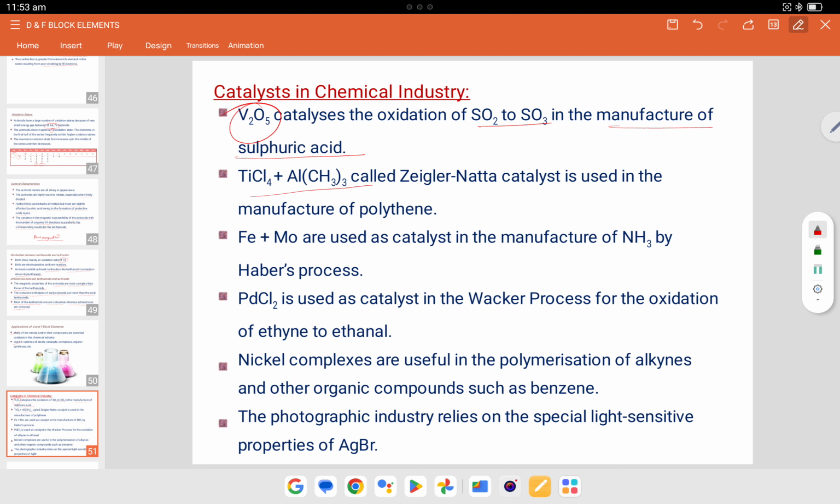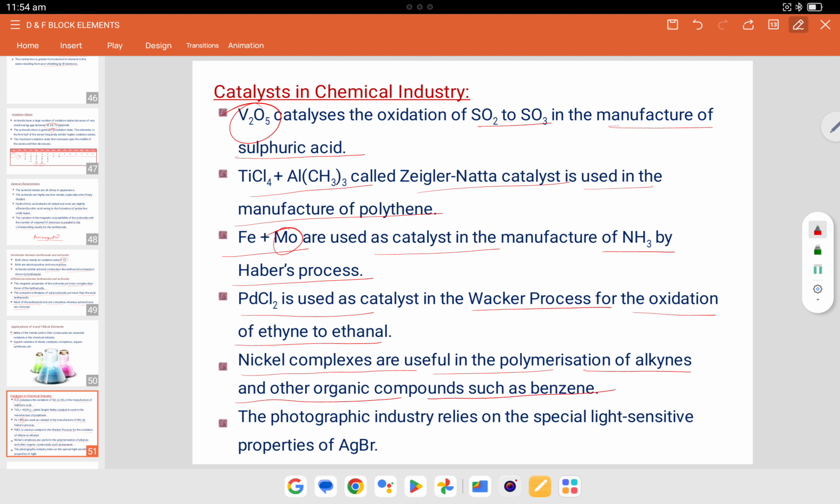The Ziegler-Natta catalyst is used in the manufacturing of polythene. Fe with Mo is used as a catalyst in the manufacturing of ammonia by the Haber process. PdCl2 is used as a catalyst in the Wacker process for the oxidation of ethene to ethanal. Nickel complexes are useful for the polymerization of alkynes and other organic compounds such as benzene.